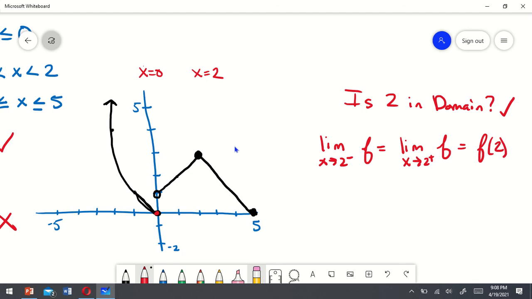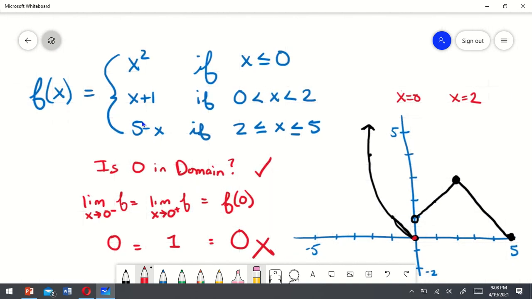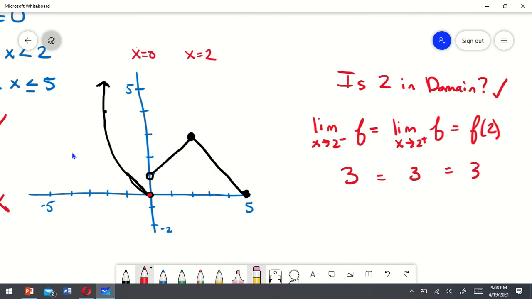So from the left side, I'm approaching this point, which is the point (2, 3). So I see an output of 3. From the right, I'm approaching that same point, so same output of 3. And when I actually plug in the number 2, I'll scroll back over to my function for a quick second. 5 minus x is the rule I use, so 5 minus 2 is 3.